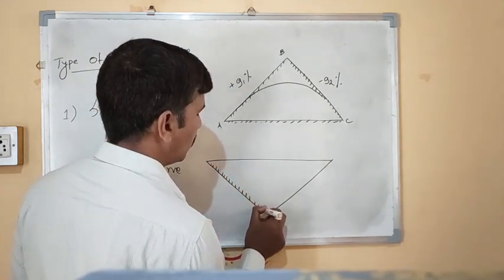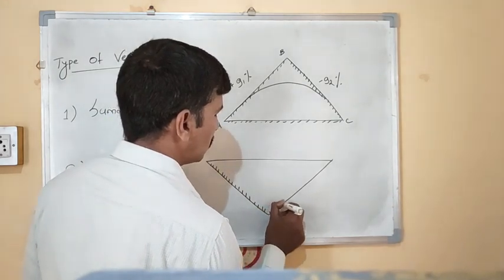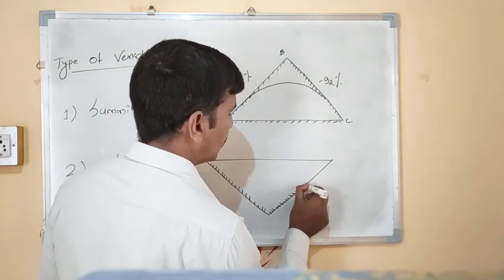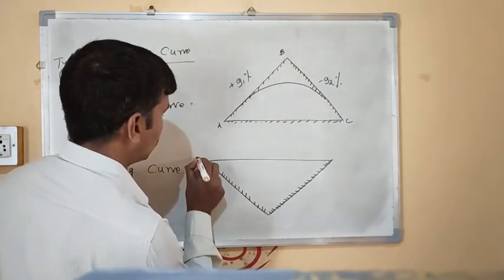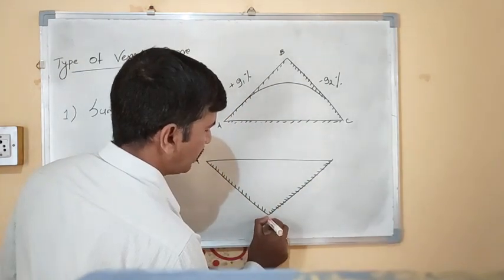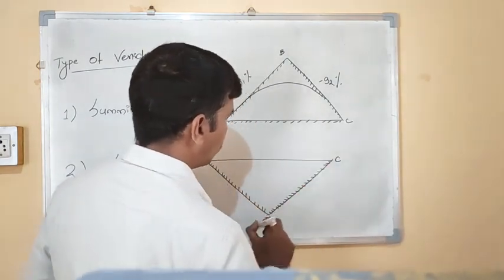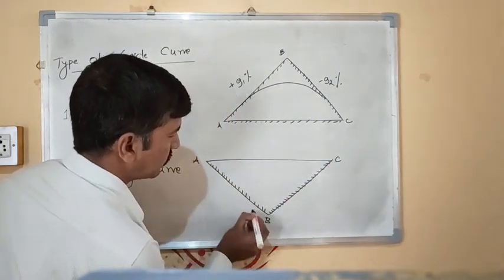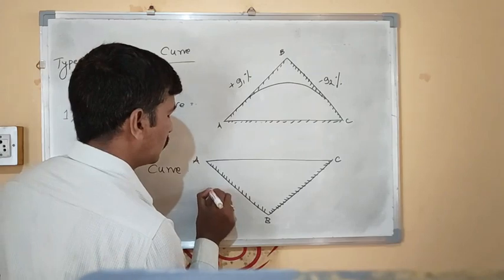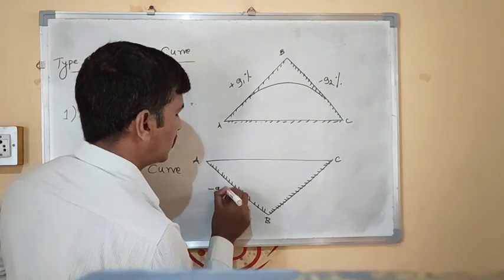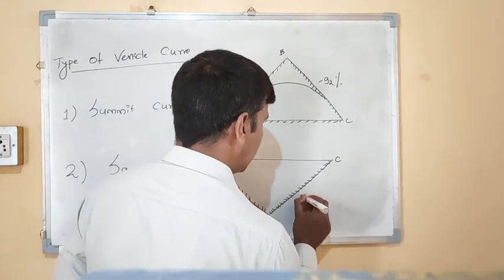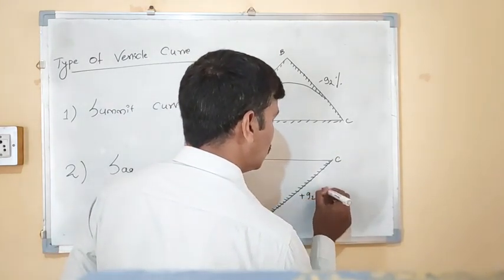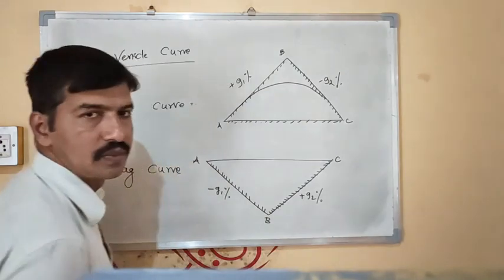Likewise, we can easily show the sag curve. Again, name the points, point A, point B and point C. As you can see, it is a down gradient from A to B, so minus G1 in terms of percentage gradient, and from B to C it is again an up gradient, so it is positive G2 in terms of percentage.